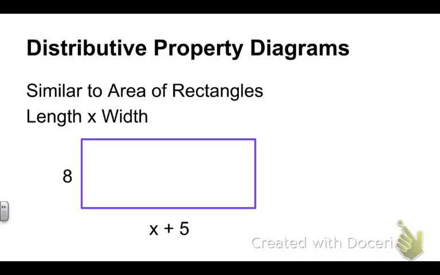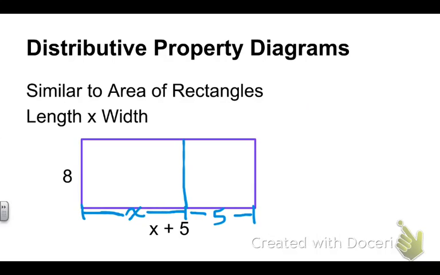So I want to draw a diagram of what this looks like. Well, my length is x plus 5. I'm just going to make up, that's x. From here to here, that's x. And then guess what? From here to here, that part is 5.